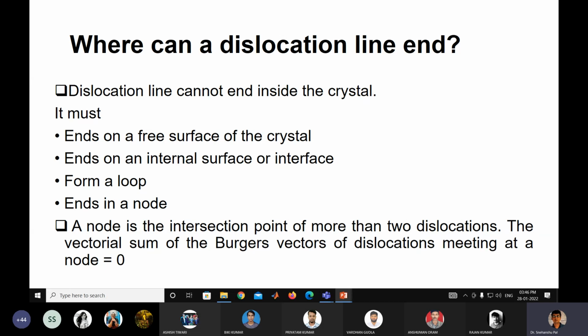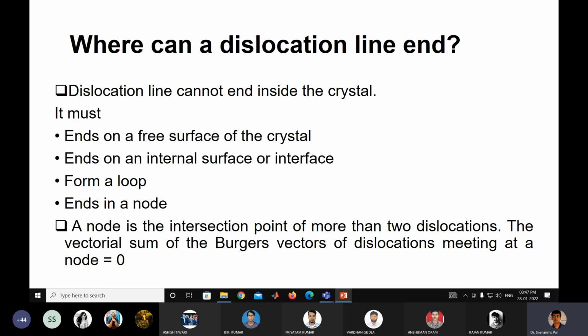Now we have to understand what will be the fate of the dislocation, where it will end. It must end on a free surface of the crystal, end on an internal surface or interface, or form a loop, and it can be closed inside the crystal but cannot just end. So it ends in a particular node. Now we come across a new term immediately, that is node.